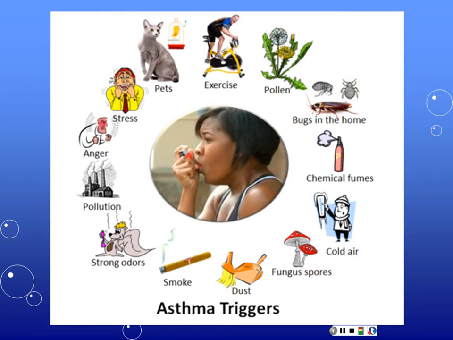None of us have time to clean, so we all have dust, right? Smoking, other strong odors, pollution. So when I lived in Galveston, and you have all the things in Houston and all of that, I had worse allergies there than I have here. Yeah. So it's stress. So if they're stressing about a test or certain times of the year, they can have an asthma exacerbation. Okay.